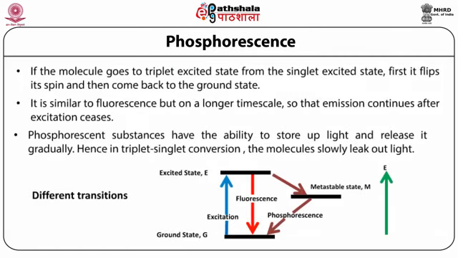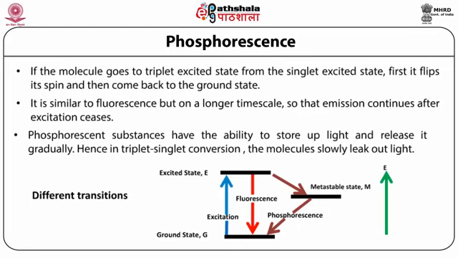Phosphorescence. Phosphorescence is a type of luminescence where the emission process continues for a noticeable time after taking off the incident exciting radiation. When a substance is exposed to radiation, it emits light and continues to glow for some time after the exciting radiation is removed.